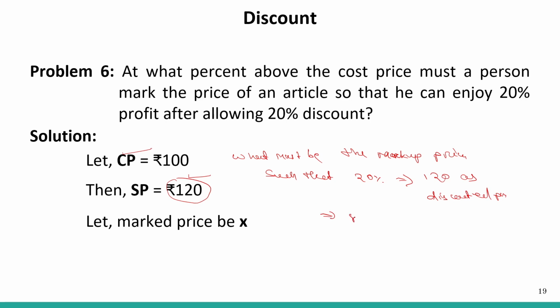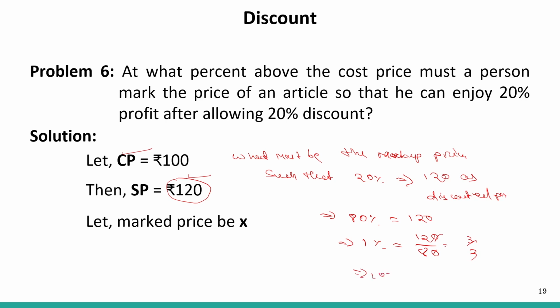So this implies 80% is equal to 120. So this implies that 1% is equal to 120 by 80, which is equal to what? 3 by 2. So it is 3 by 2, right?